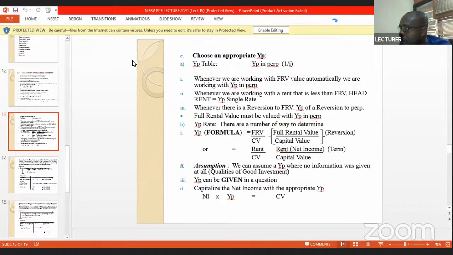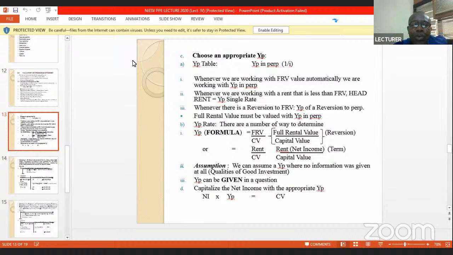The same way in practice, you don't assume your own YP. You try to work out a YP by finding out the rent passing in a property and how much a similar property was recently sold. If you do that, you are being an objective valuer.